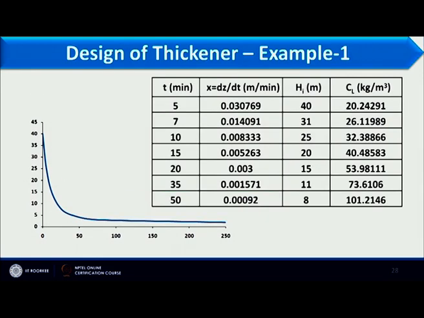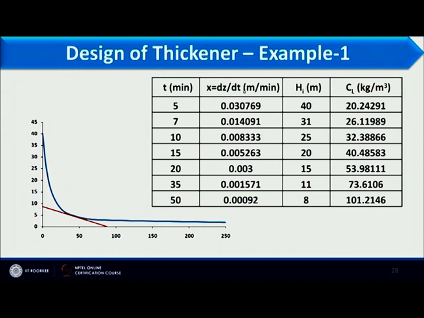Now we have to extract the data for different sedimentation rates as well as CL, so that we can draw the plot of LCL by AR. To draw this, we have considered different times here. Let us say at 50, the velocity is 0.00092, and this velocity we have represented as x, which is equal to dz by dt.